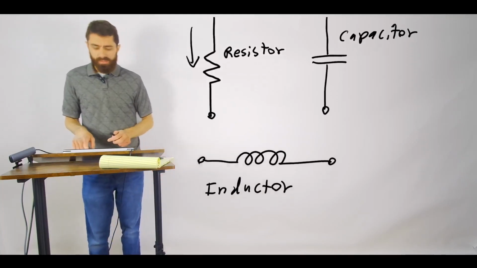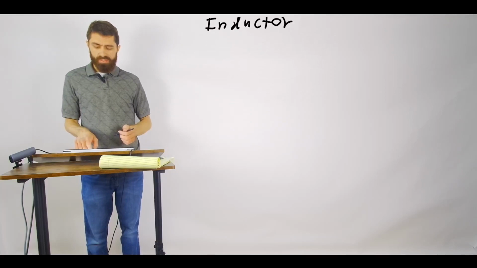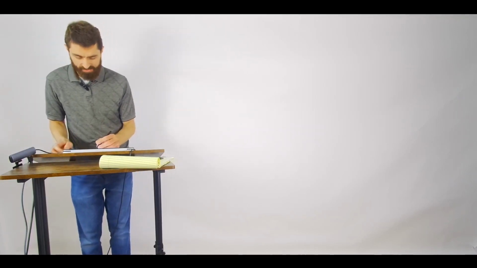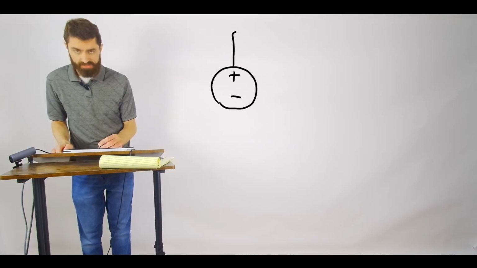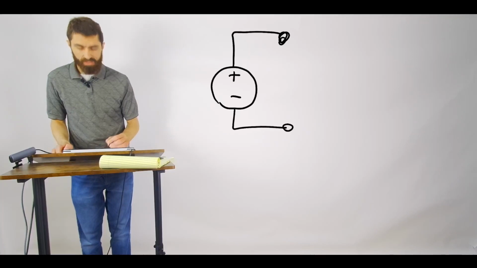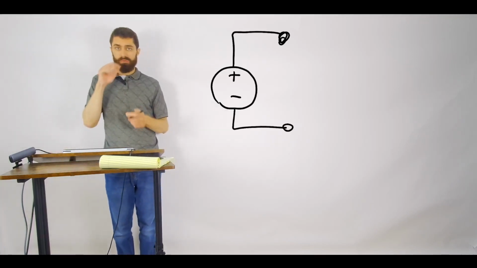So another really important component is basically a voltage source. We talked about that already, but essentially it supplies a continuous source of electric potential difference, or voltage.